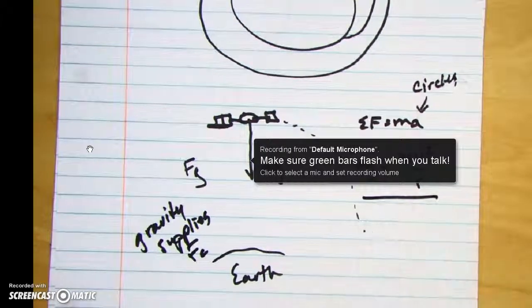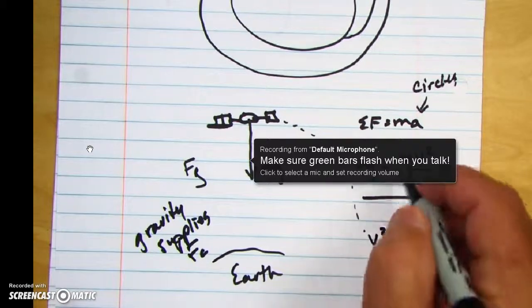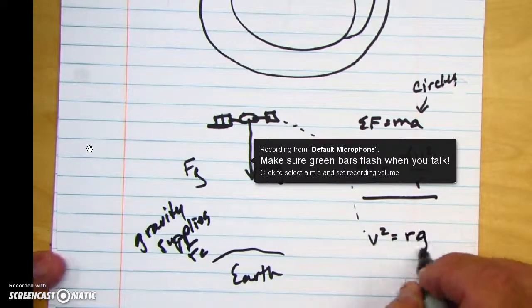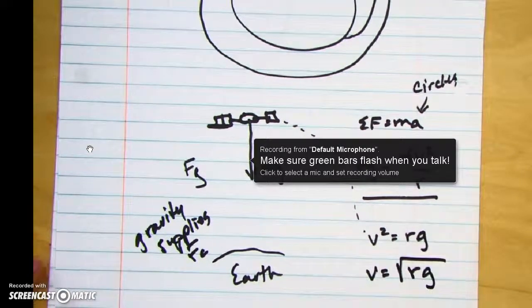If I go to this, then what's going to happen is I can solve for v, and I get v squared. Hey, my m's cancel out. v squared is equal to rg, so v is equal to the square root of rg. So that's kind of neat, and that will allow you to play around a little bit to find the speed if you know the radius and you know g at that location.